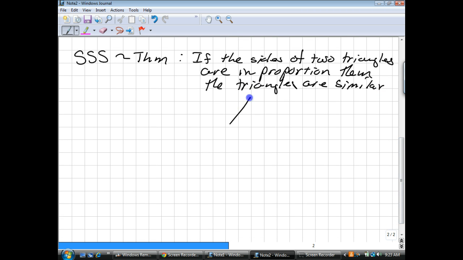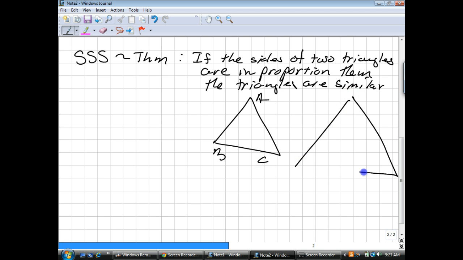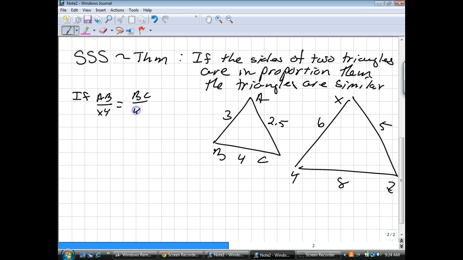So if I have triangle ABC and triangle XYZ, and I know this is 3, this is 2.5, this is 4, this is 6, this is 5, and this is 8. It says if AB is to XY as BC is to YZ as AC is to XZ.